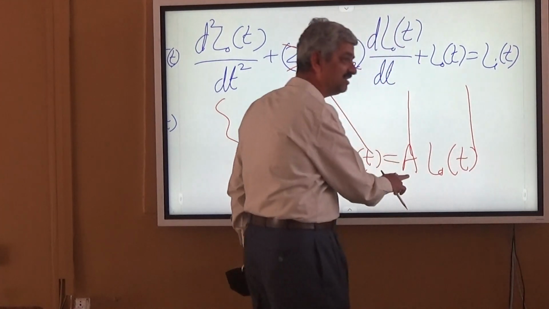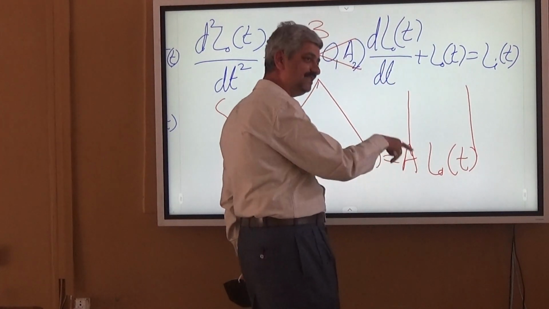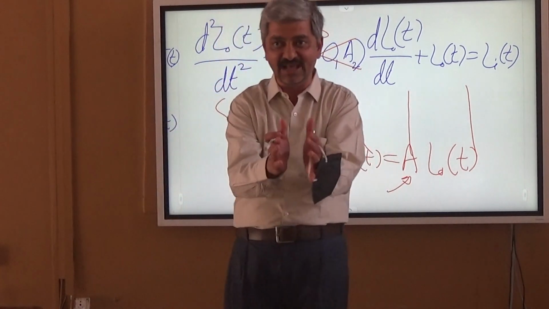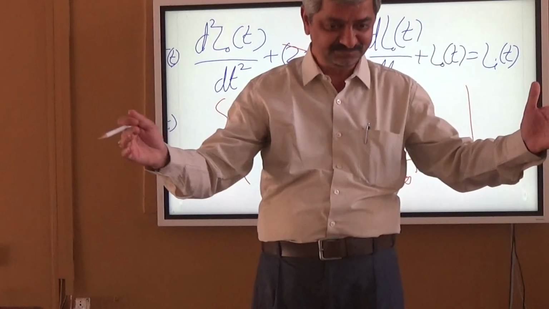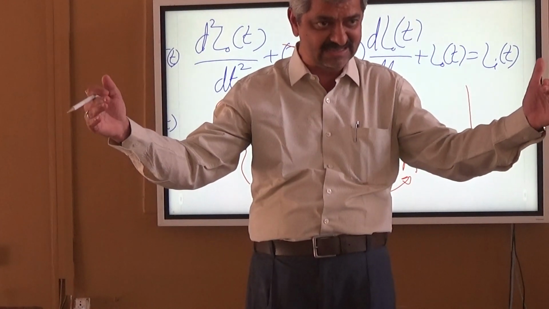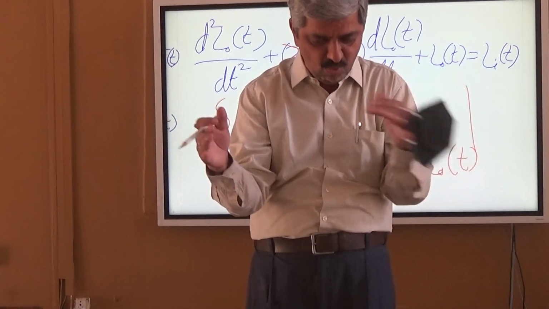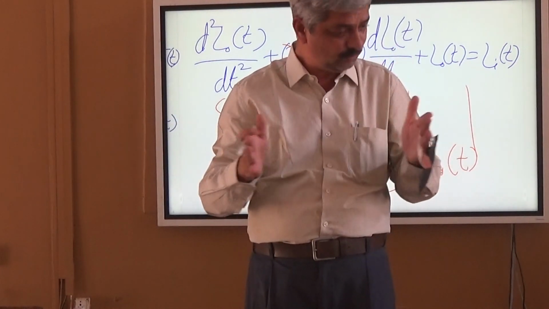But this A was constant. In other cases this can be a function of time. You can have a mechanical assembly by which, if it's a cubical tank, you can squeeze it.